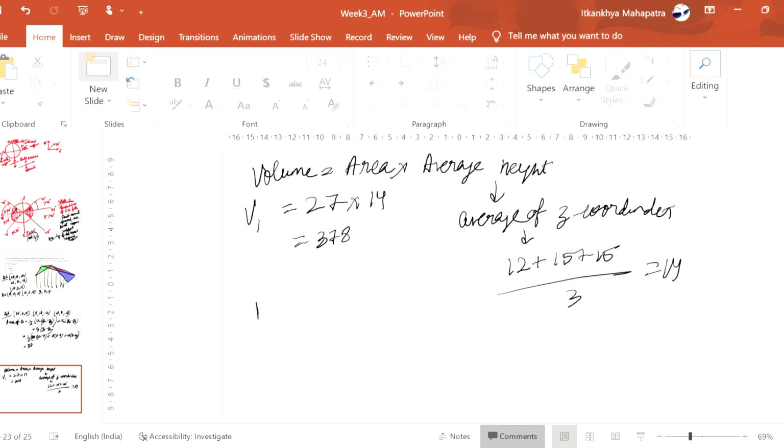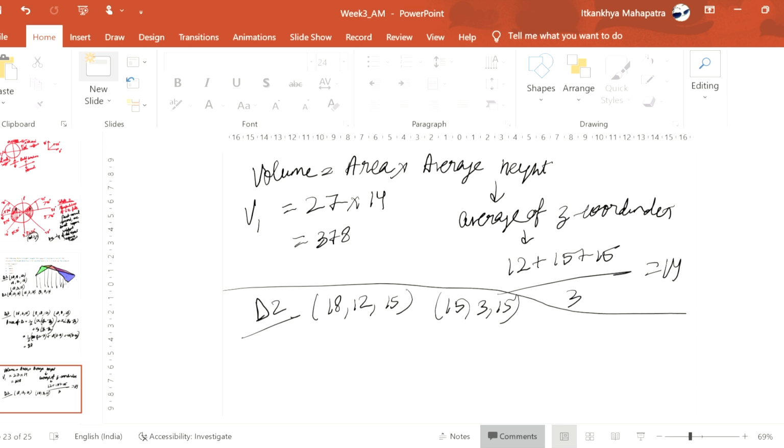Similarly, for triangle 2, which had the vertices 18, 12, 15, 15, 3, 15 and 8, 10, 12. Triangle area is half, 18 into 7 plus 8 into minus 9 plus 15 into 2.